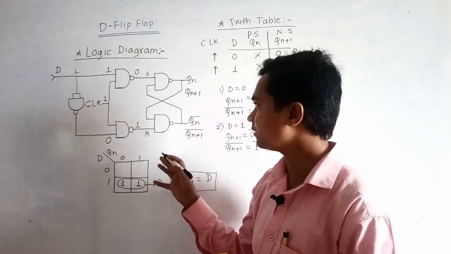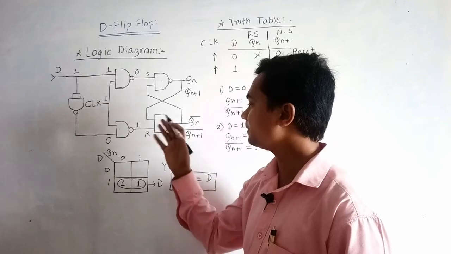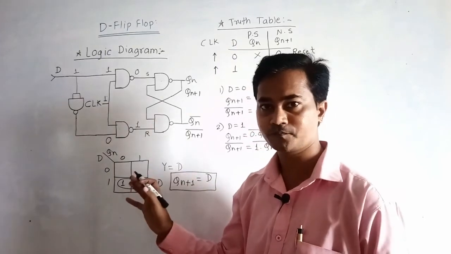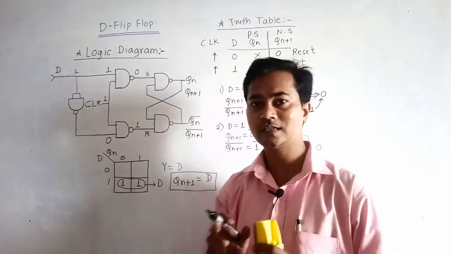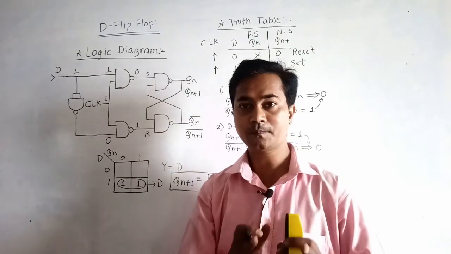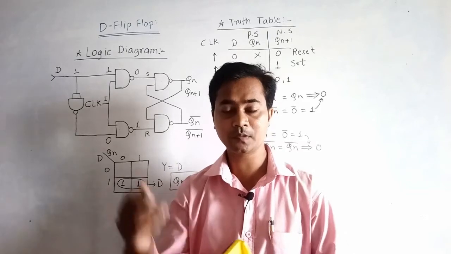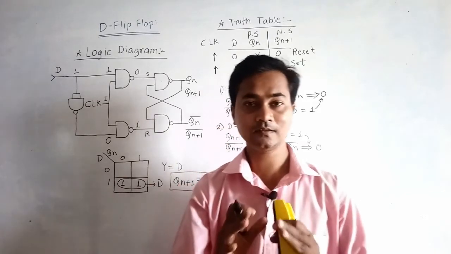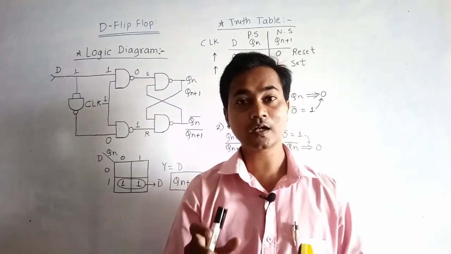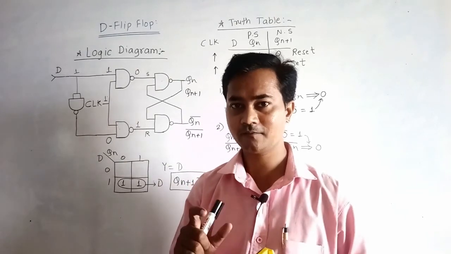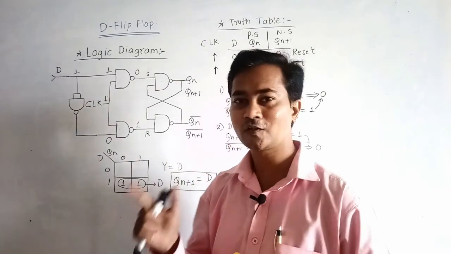Okay, so here we have just formed the D flip-flop using the SR flip-flop. I want to clear the difference between flip-flop and latch. Latch we have already seen using NAND gate and NOR gate in the previous videos. So latch is the clockless flip-flop and flip-flop is the clocked latch.